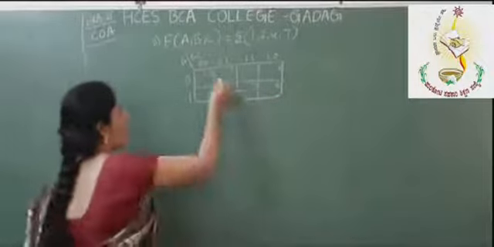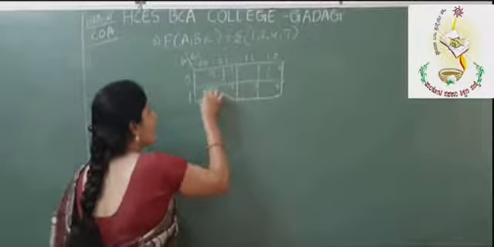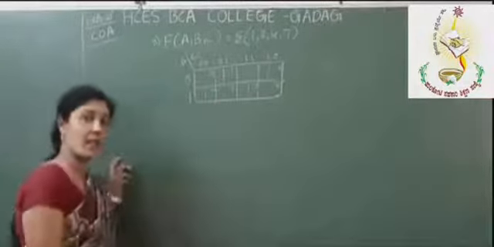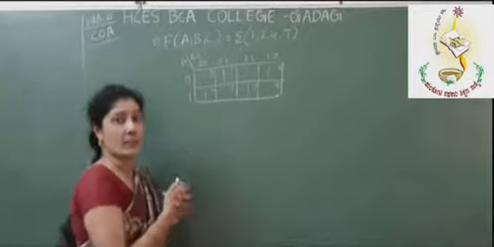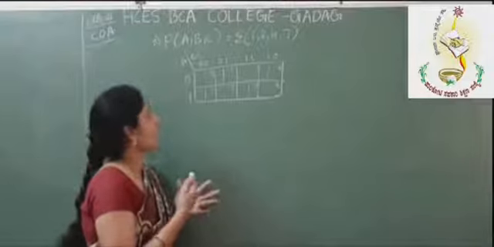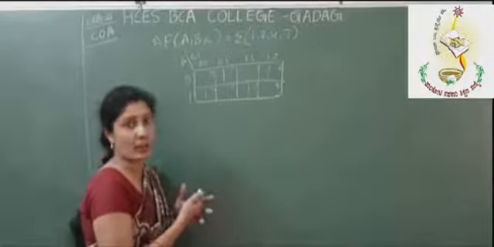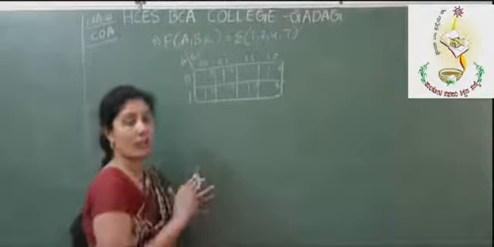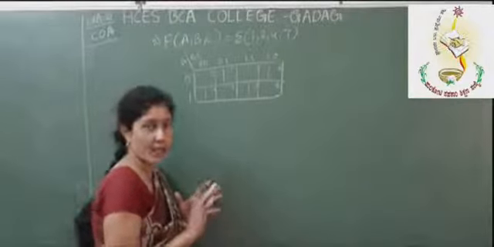Okay, now see 1, 2, 4, 7. Okay, so which is similar to the previous problem. So can we pair? No. Can we make a quad? No, it is not possible.